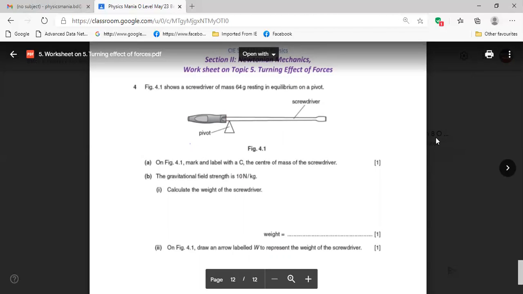Calculate the weight. The mass is given. It's a little bit tricky. You see, the mass is given in grams, and you are given the gravitational field strength in Newton per kg, so you have to convert. You have to be careful about that.